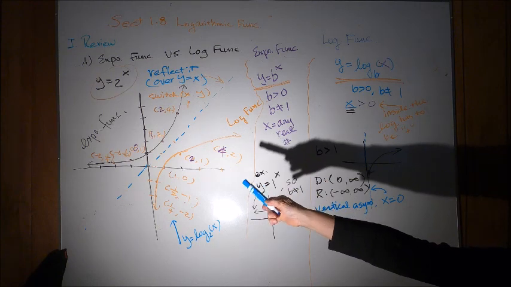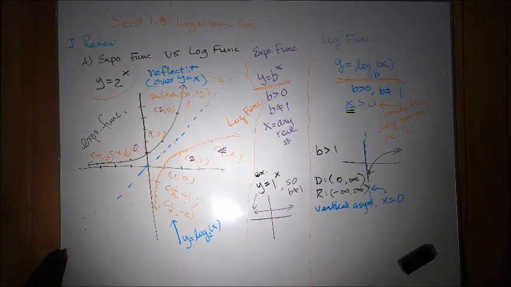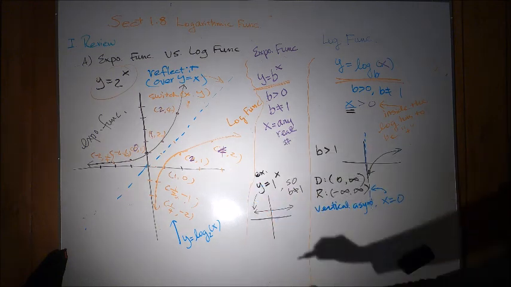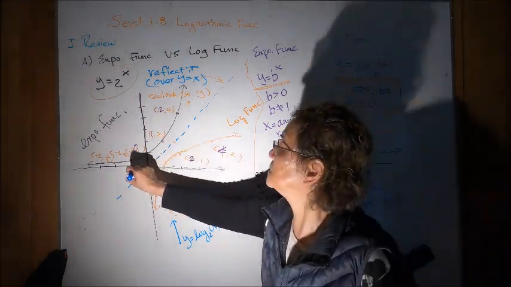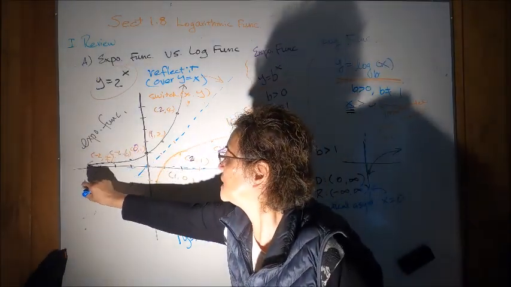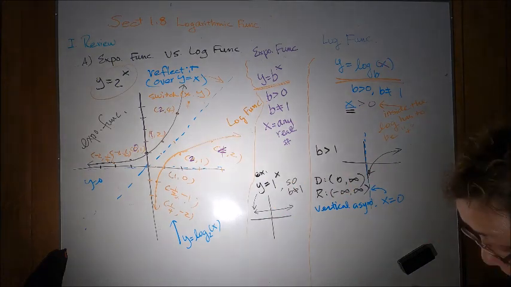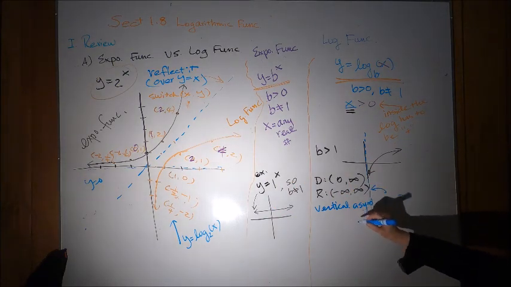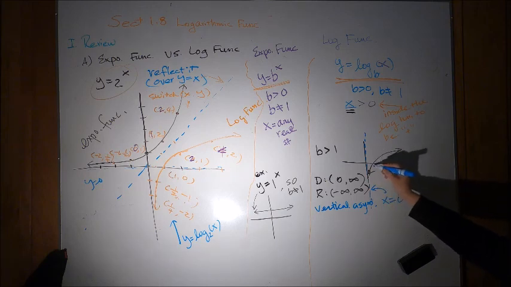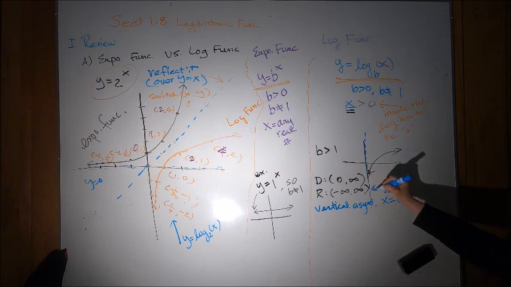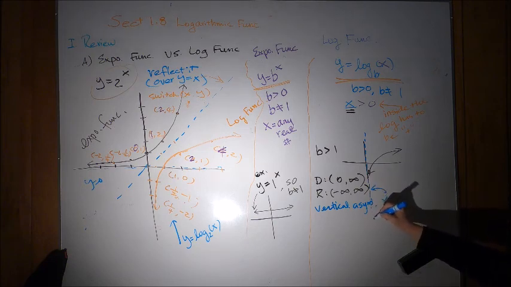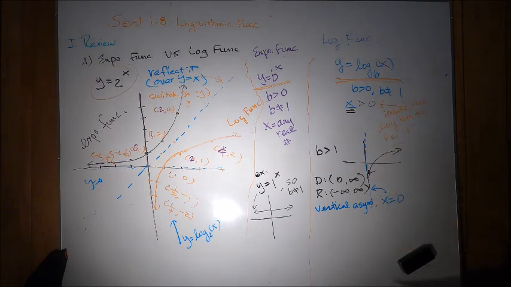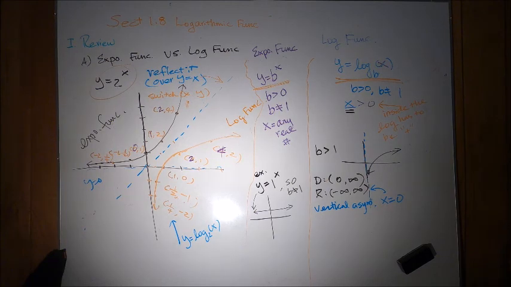In terms of the exponential function, it has a horizontal asymptote, which is y equals 0. They are opposite, okay? A vertical asymptote means that when x approaches that number, y goes to either negative infinity or positive infinity, okay?